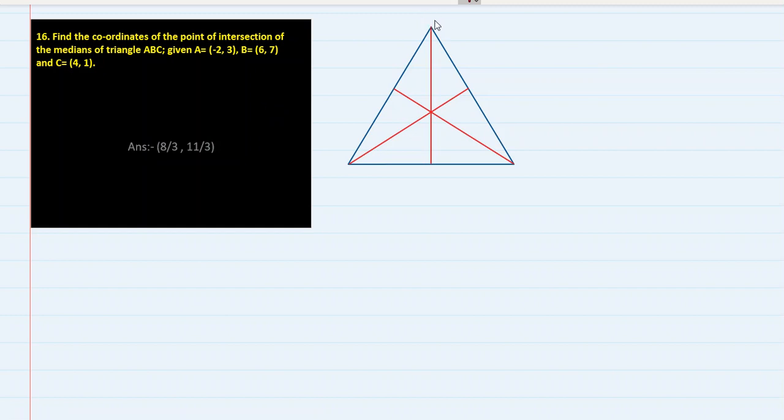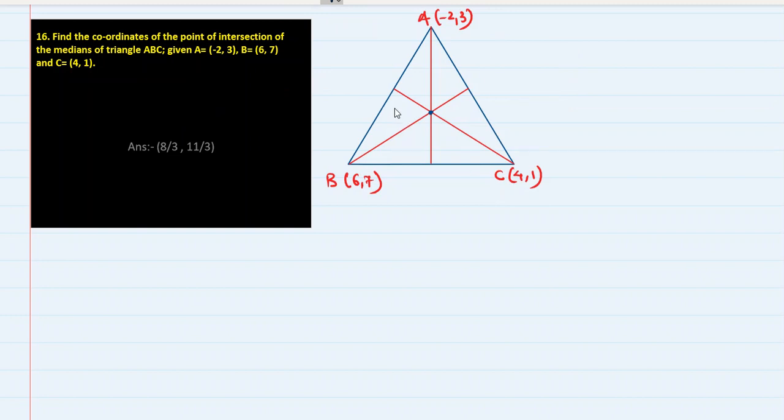The vertices of this triangle are A minus 2 comma 3, B 6 comma 7, and C 4 comma 1. So we have to find the point of intersection of the medians.